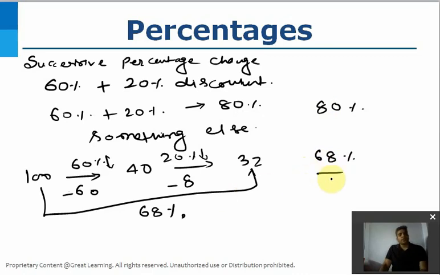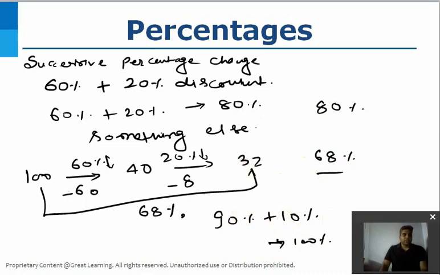So whatever offers you see in shops sometimes, that your discount is 90% plus 10%, you think this is nothing but 100% discount, and you get misled by the way it is written. It is not exactly 100%, it is something else. You can find out what exactly it is in terms of percentage.